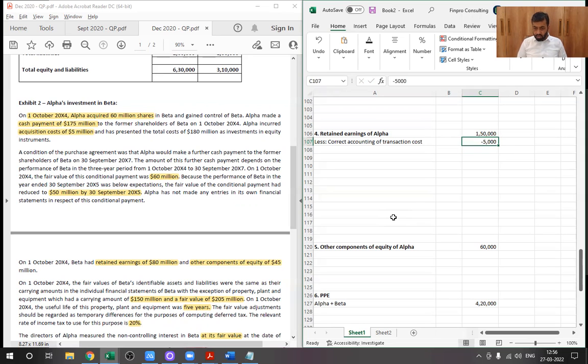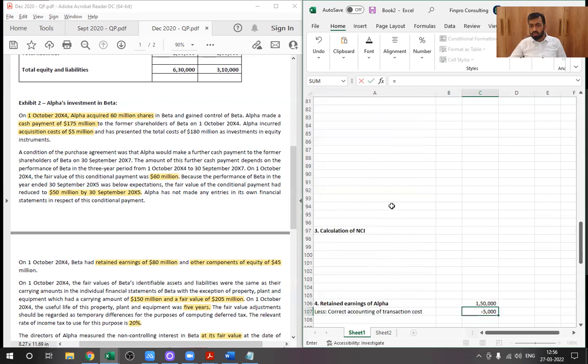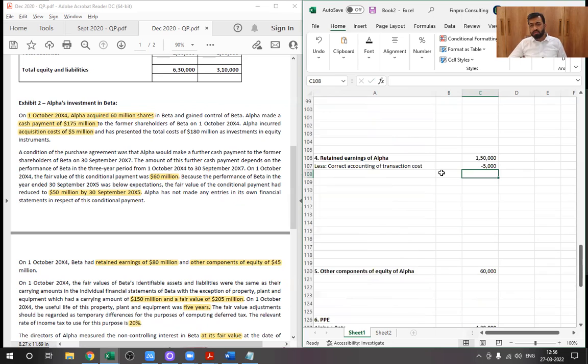This will be reduced. You can otherwise give reference also. If you give reference, it becomes easier for the examiner to understand how you are navigating.